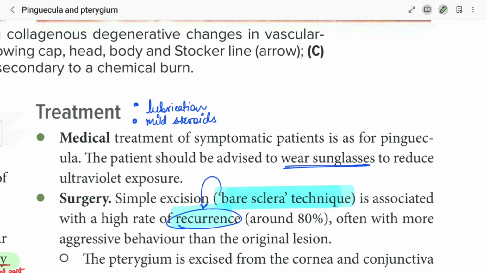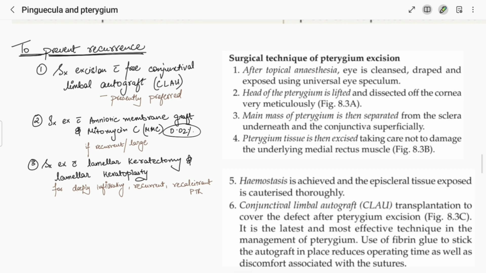What we do is, there are methods of preventing recurrence. First is CLAU, that is conjunctival limbal autograft. We will do the surgical excision, and then a free conjunctival limbal autograft, and it is the most preferred technique nowadays.